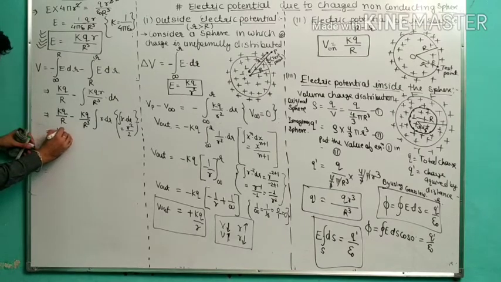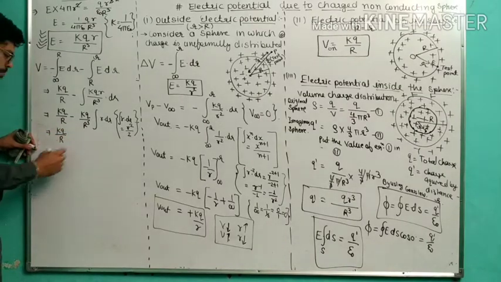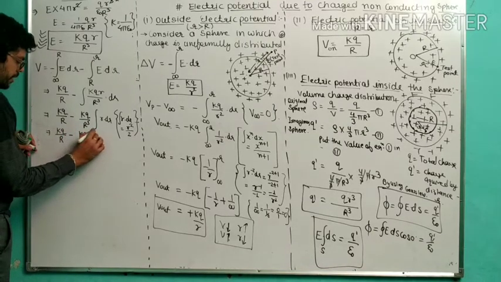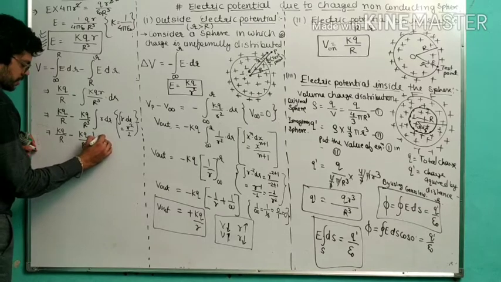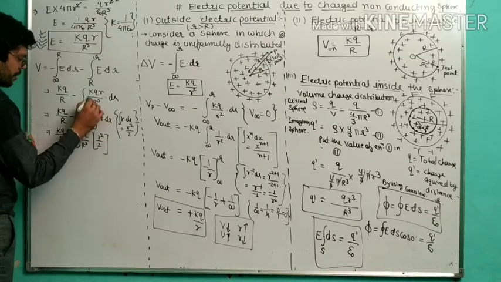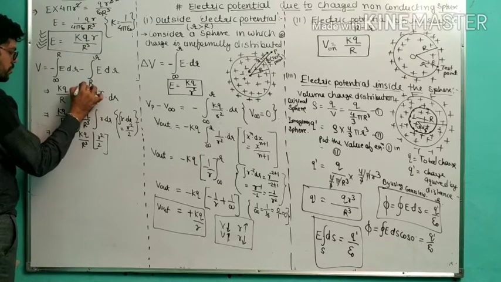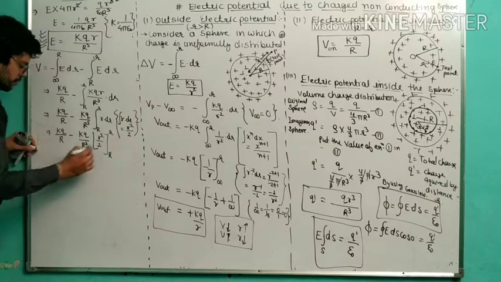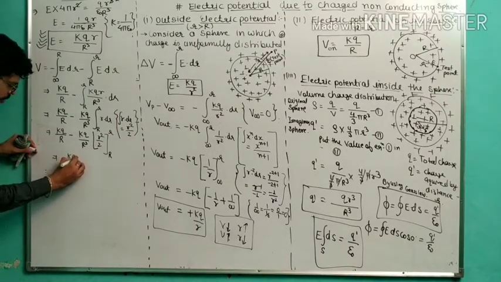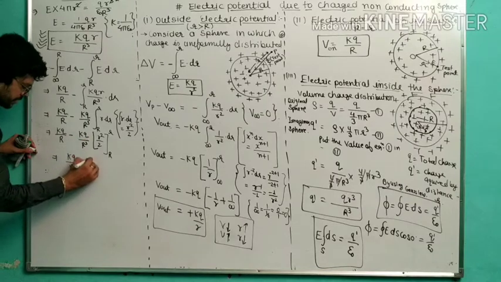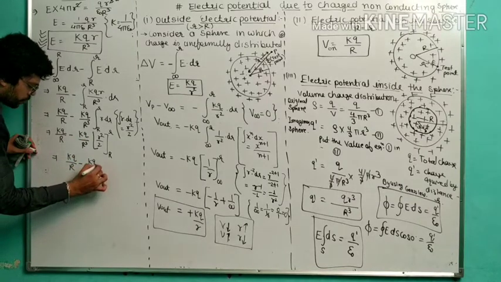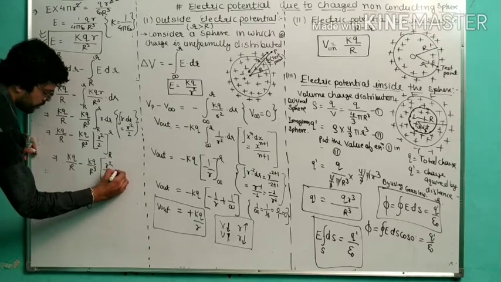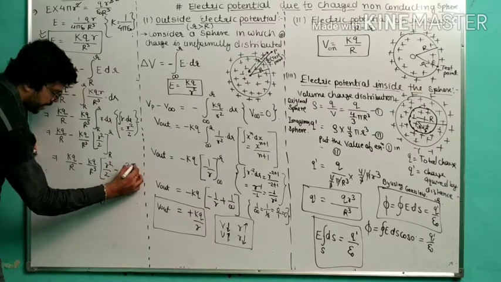Let's solve: kq upon capital R minus kq upon R cube, and in brackets r square by 2, with limits from capital R to small r. Now kq upon capital R minus kq upon R cube, and it is r square by 2 minus capital R square by 2.